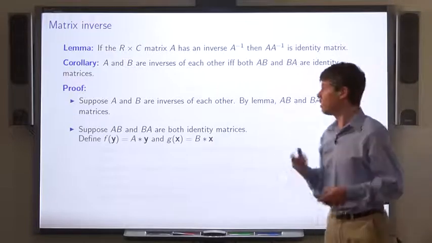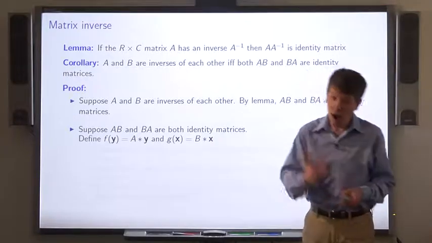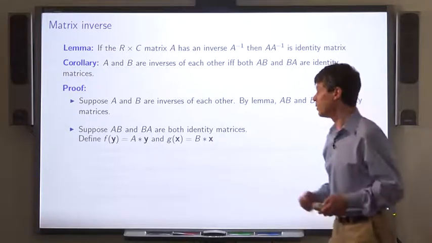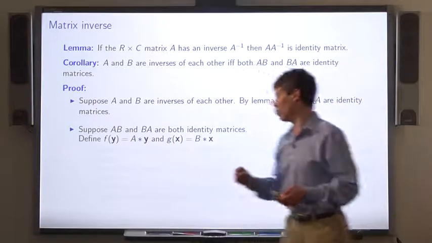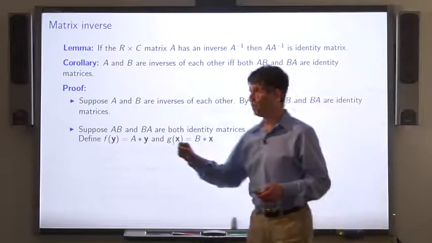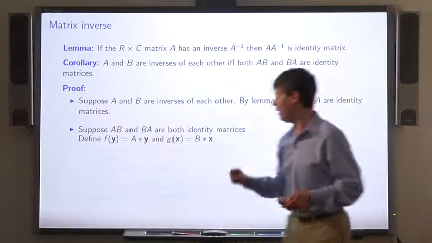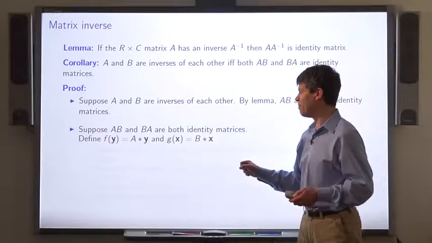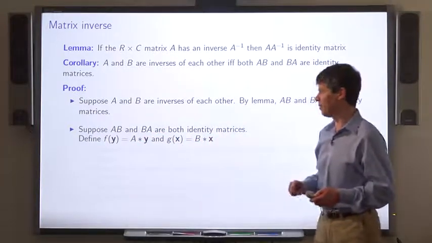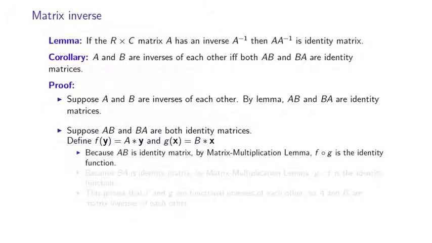On the other hand, suppose AB and BA are both identity matrices. We define the functions in the usual way. f is the function that maps y to A times y, and g is the function that maps x to B times x. Because AB is the identity matrix, by the matrix-matrix multiplication lemma, f composed with g is the identity function.